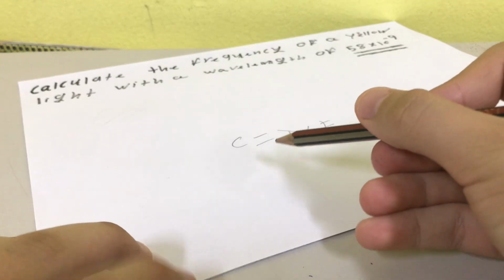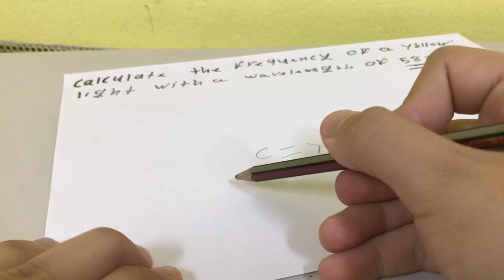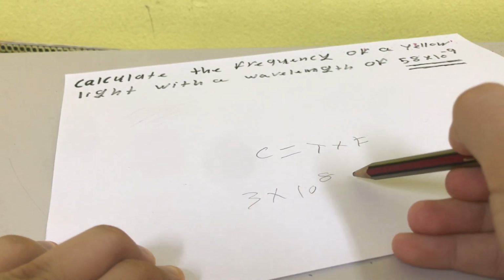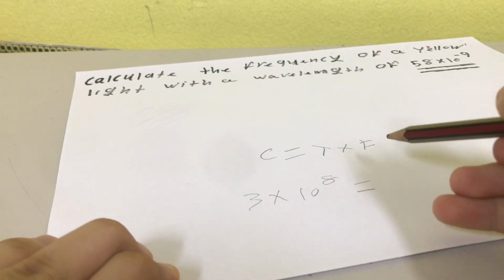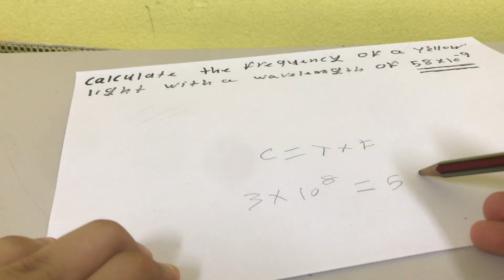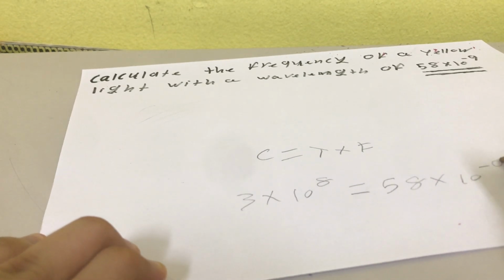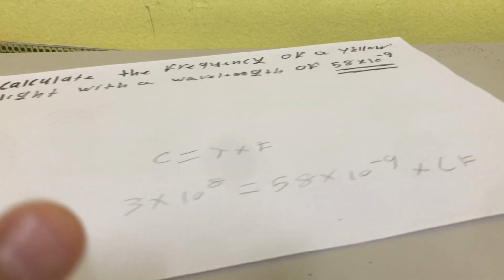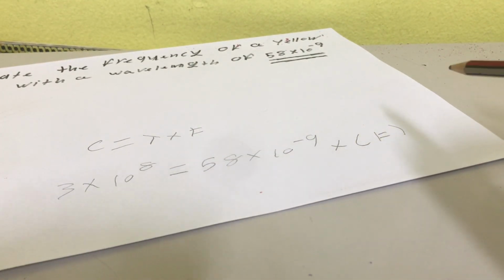So we know that C is the speed of light in a vacuum, so C is 3 times 10 raised to the 8 equals the wavelength given, 58 times 10 raised to the negative 9, times F. So we divide both sides by 58 times 10 raised to the negative 9.